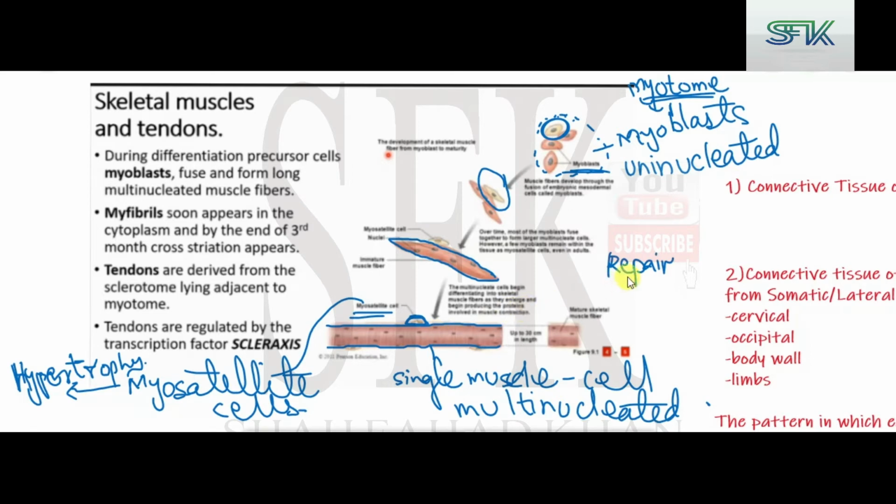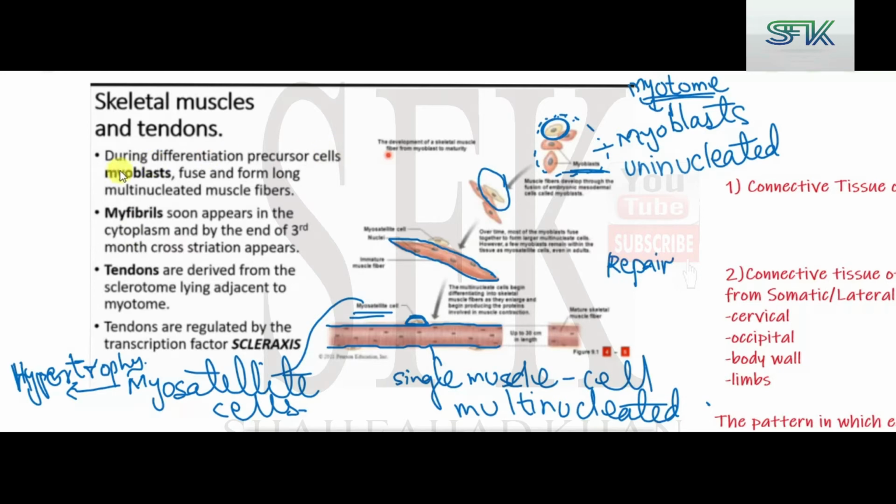So what happens is that these cells merge together with the myofibers, the muscle fibers, and then they help repair the muscle fibers, and they also overcompensate the tear. So after the muscle cells are repaired, they become stronger than before. They have undergone hypertrophy when they are repaired with the myosatellite cells.